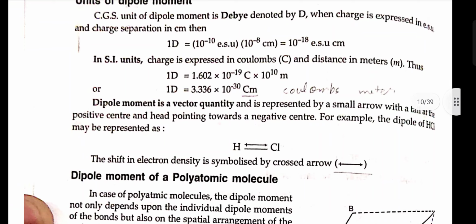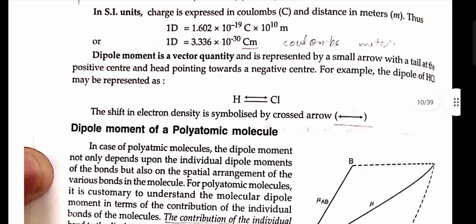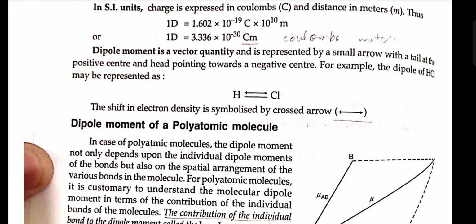Dipole moment is a vector quantity and is represented as shown below by an arrow with a tail. The slightly positive side is marked toward the tail, and the arrow points toward the slightly negative side.